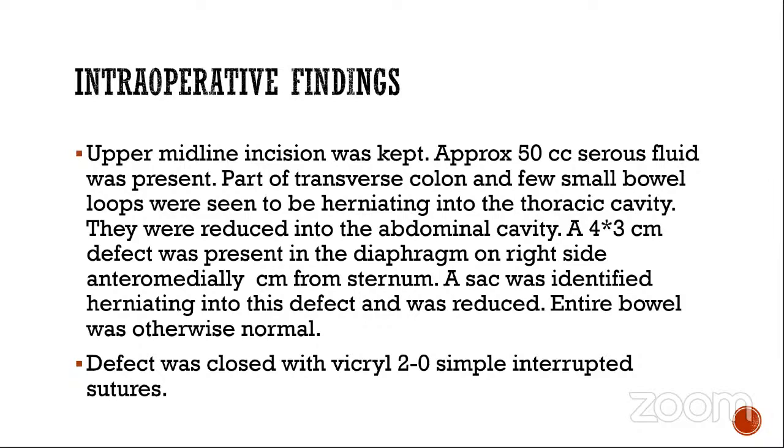Pass your fingers from the outside part of the sac, and then you reduce all the bowel loops. Simultaneously, the left hand is pulling a little bit gently, and you are pushing all the contents from above.